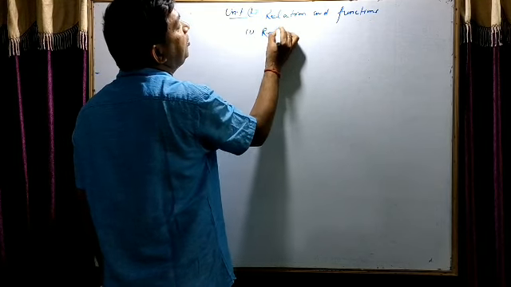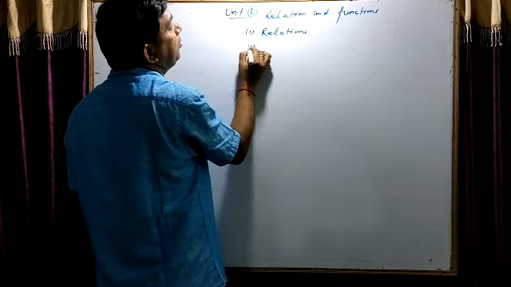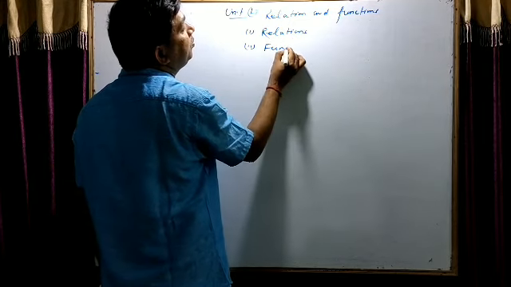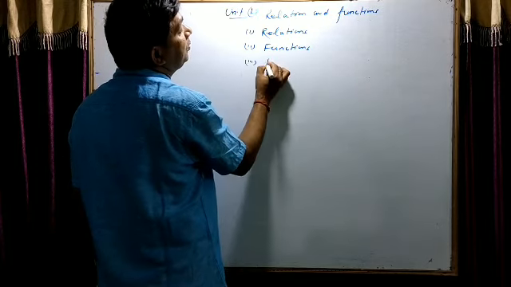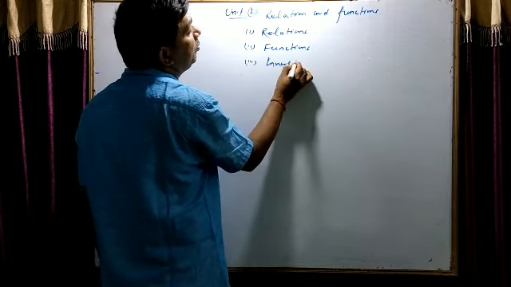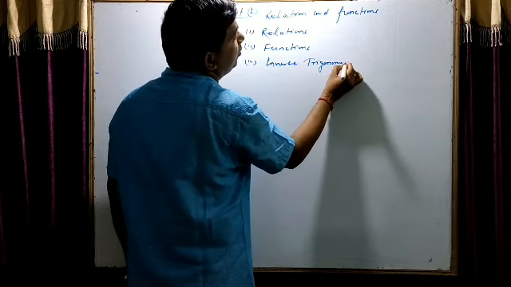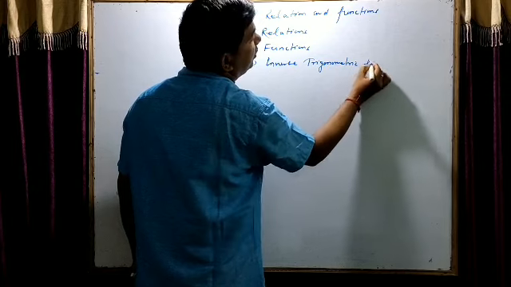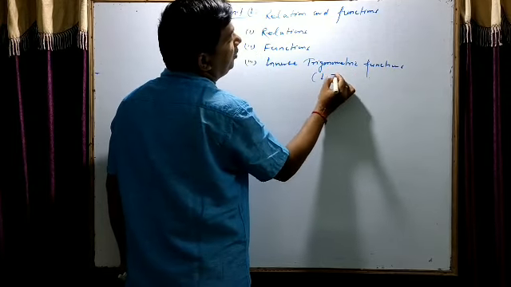First, relation. Second, function. And third is inverse trigonometric function. This is called ITF.